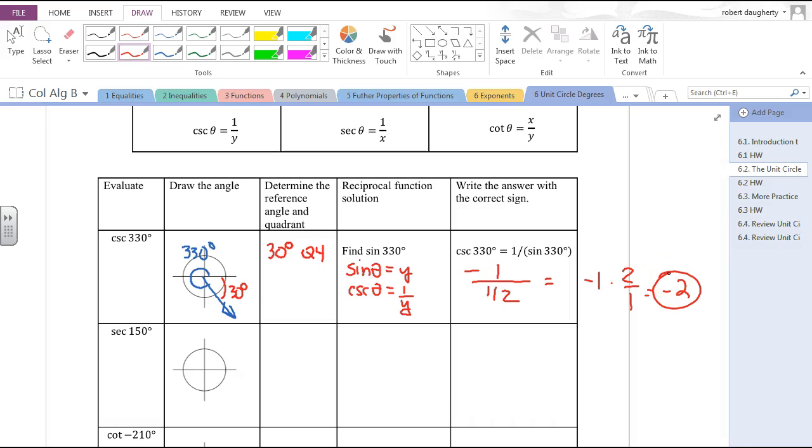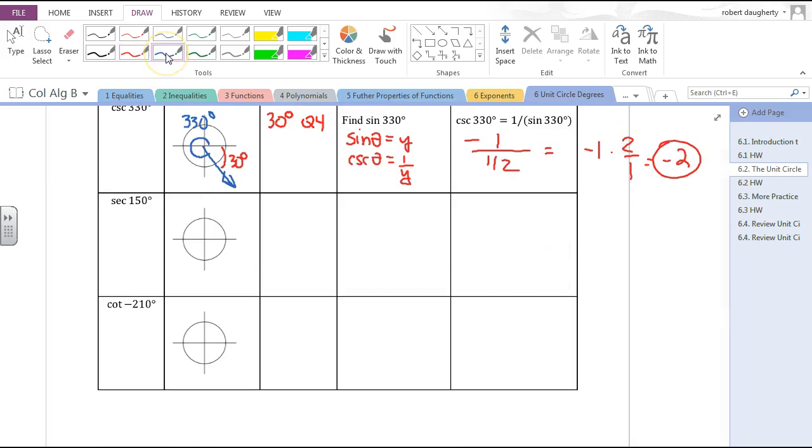Okay, it gets a little bit more involved with the reciprocal functions. It's just adding another layer to it, but the same process. Draw the angle. Find out which quadrant you're in. You're going to have a reference angle that's something here on the unit circle. Find the value, attach the positive, negative sign that goes with it. The secant of 150. Okay, so let's draw 150.